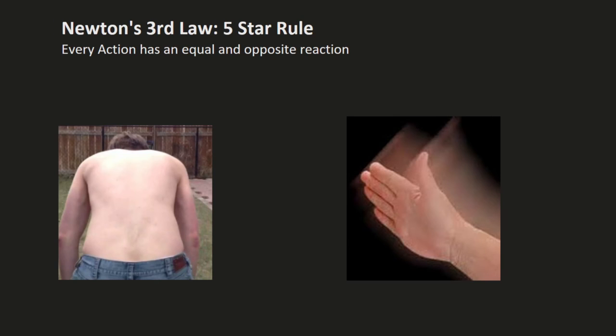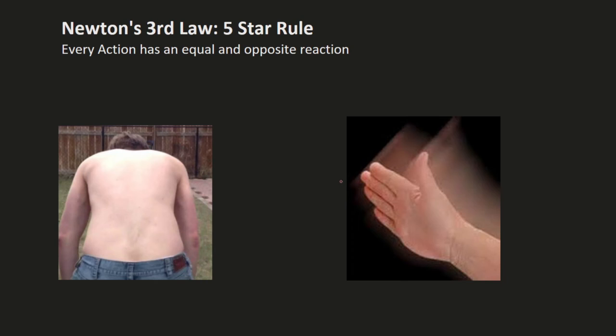Finally, we have Newton's third law, which I like to call the 5-star rule. What this law says is that for every action, there's an equal and opposite reaction. So let's say you're going to give your friend a 5-star because they lost a bet or something.